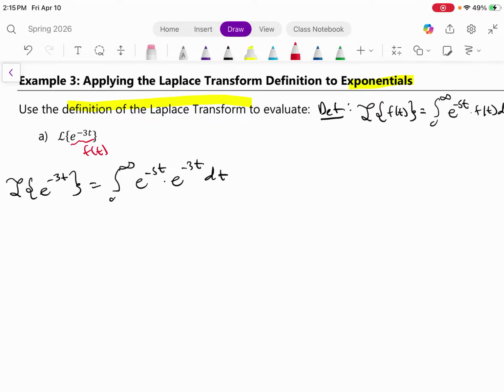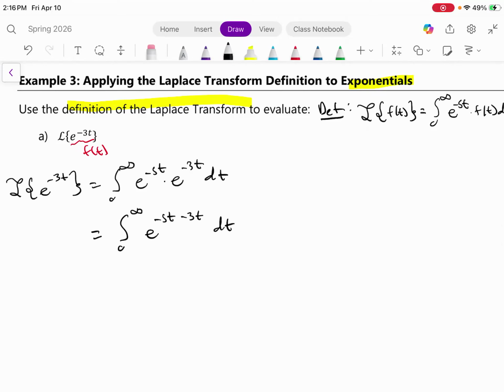One thing we could do, since these are being multiplied, is add the exponents together and create one exponential term. So this becomes the integral from 0 to infinity of e to the negative st minus 3t dt. Okay, so this is all one term now, which is good for our integration.